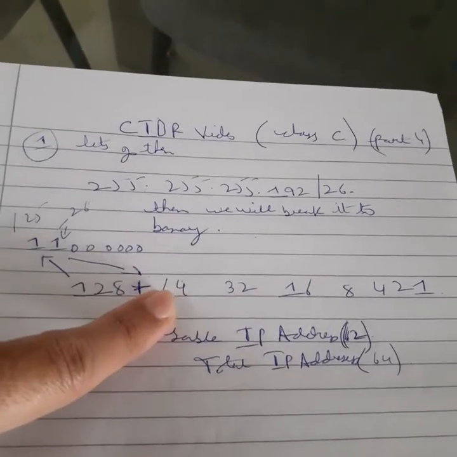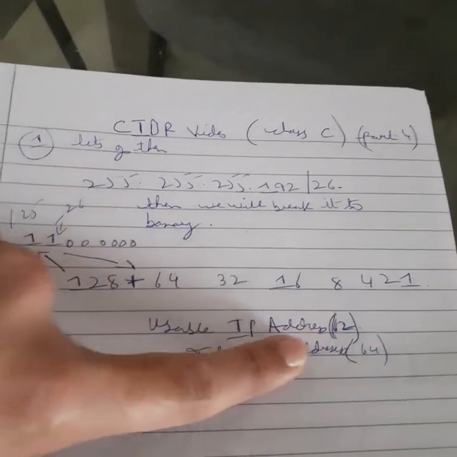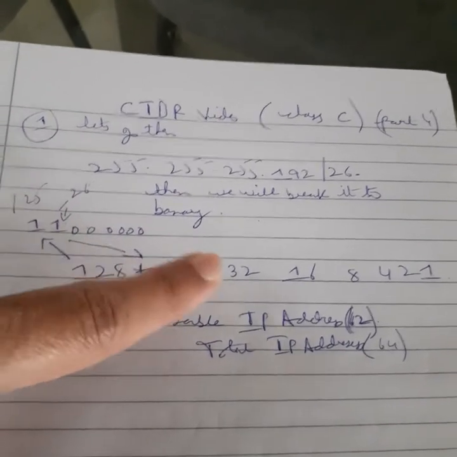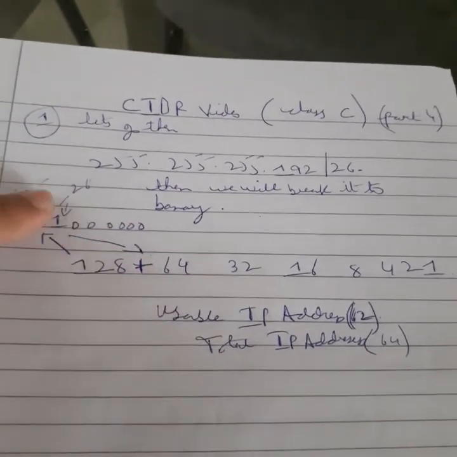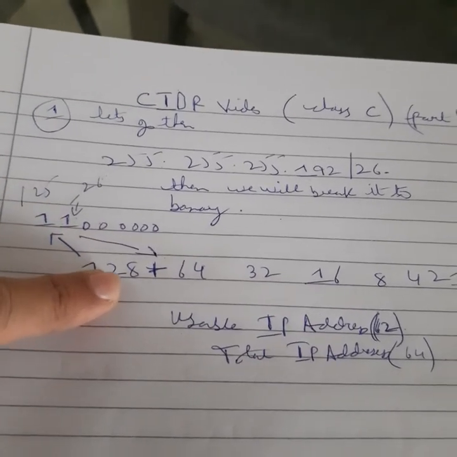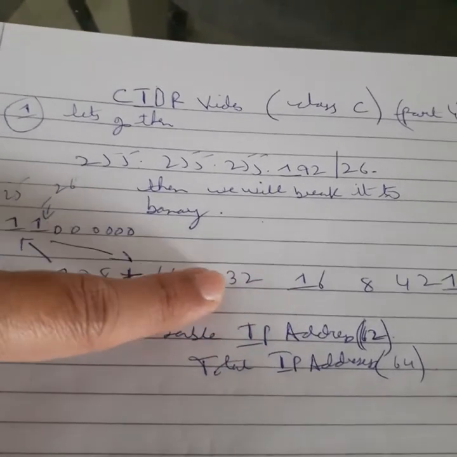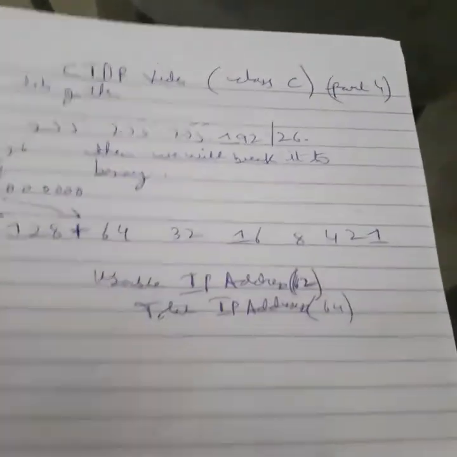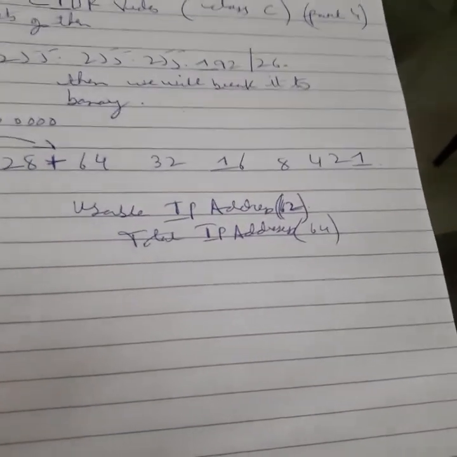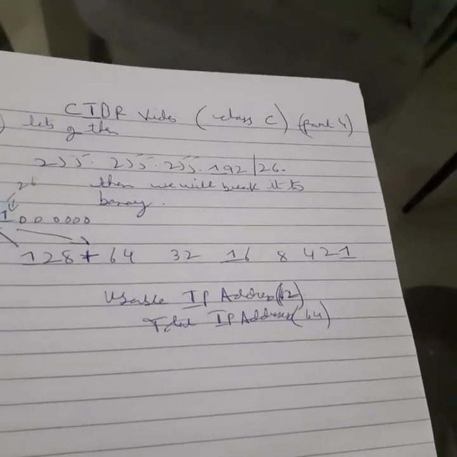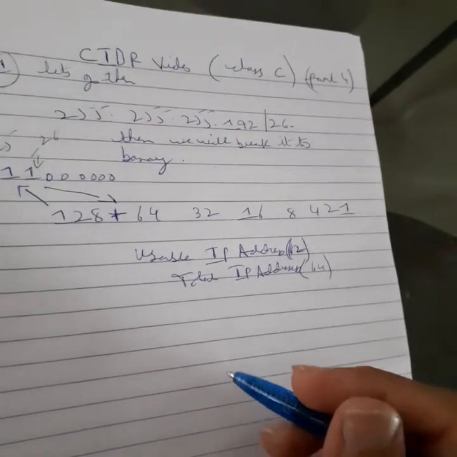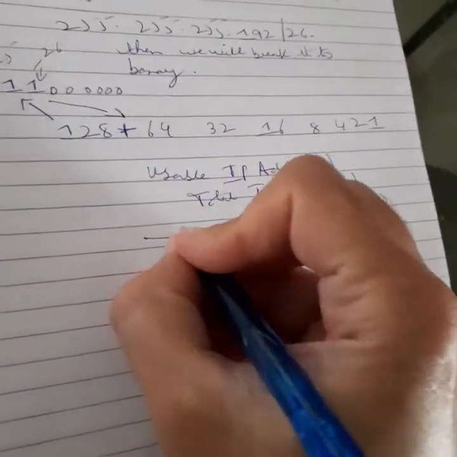Total IP addresses for /26 are 64. Remember, total addresses for /25 is 128, for /27 it's 32, for /28 it's 16. So this is the pattern which is going on. I want you to remember this pattern. I'm going to try to keep the video a bit shorter, but let's move on to the next one.